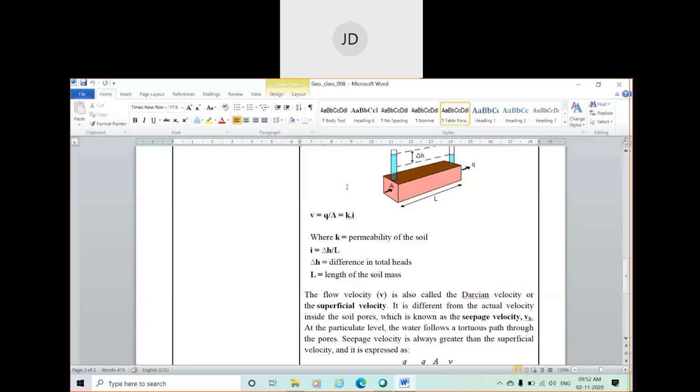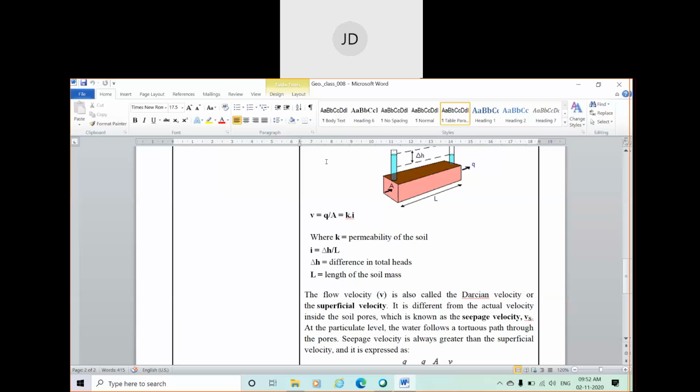Because as you know, permeability is related to the flow of water, and water is flowing through the voids only, not through the whole area. If you consider the three-phase diagram, a particular soil mass consists of soil solid, water, and maybe air.